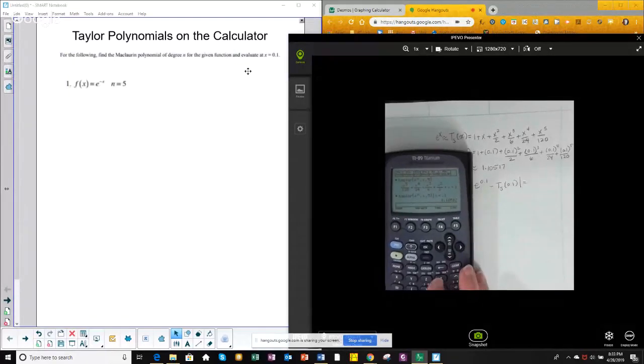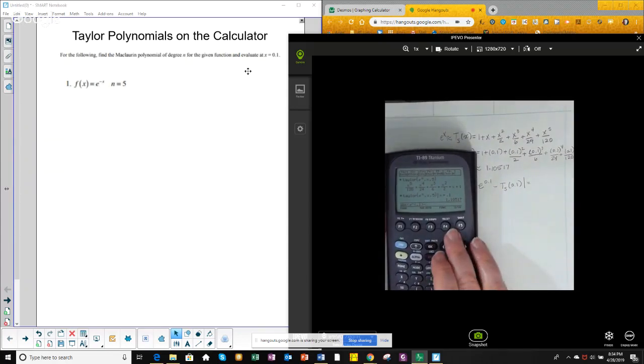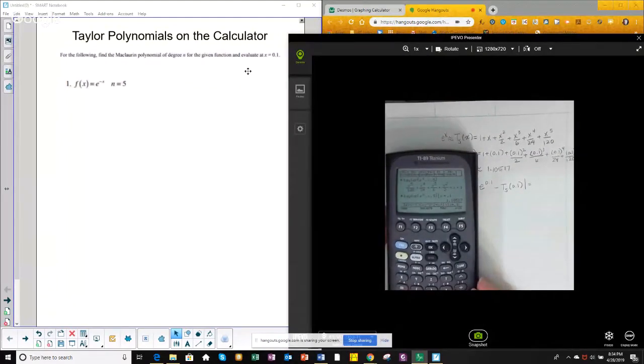So we can say absolute value of e to the 0.1 minus our Taylor polynomial evaluated at 0.1. Let's just put this in. Close that, such that x equals 0.1, and see what our error is.